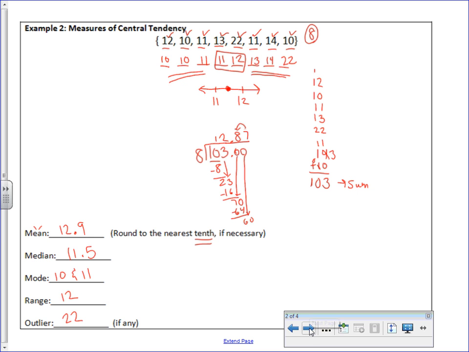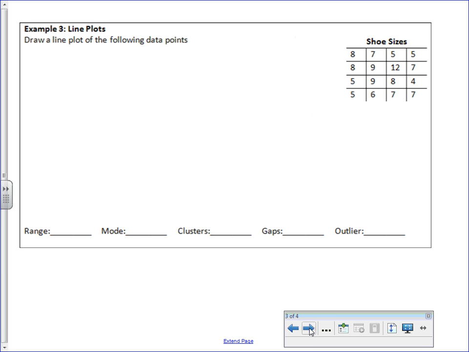Okay, great. Let's flip over our notes to the line plot on the back. Please make sure to fill in all of this data on your chart for the shoe sizes. So I am going to draw a line plot. My line plot needs to be complete with arrowheads. And I'm going to throw the title at the top because I don't want to forget that. Shoe sizes. And I'm going to start off with my smallest shoe size, which is a 4.